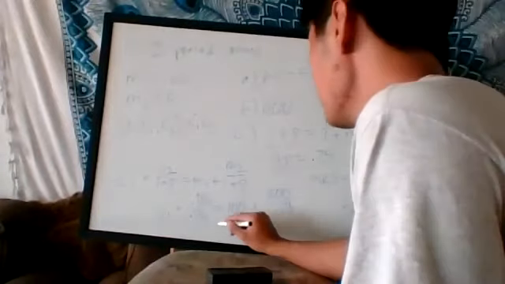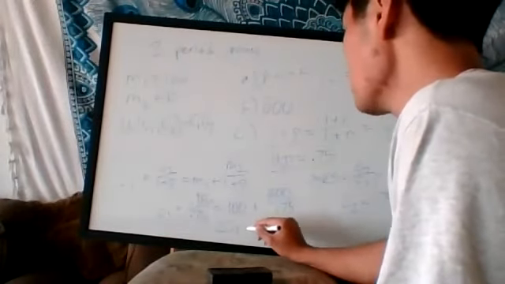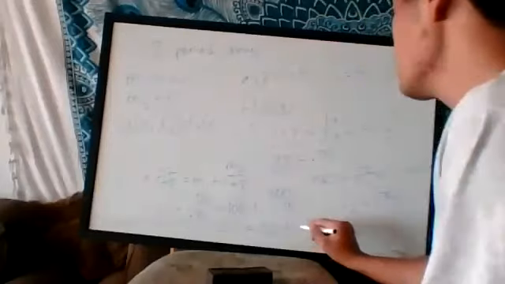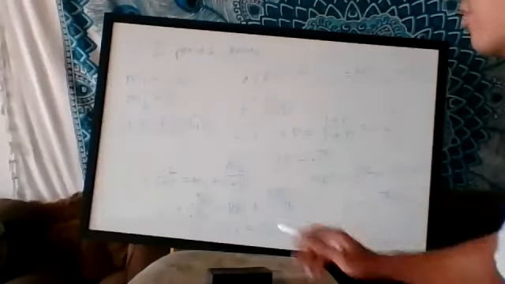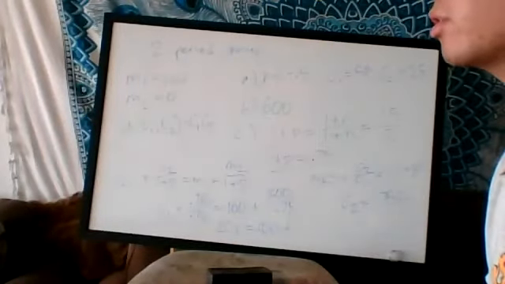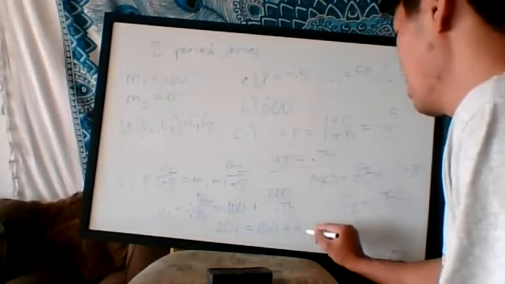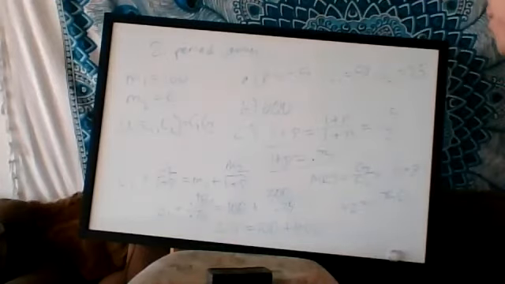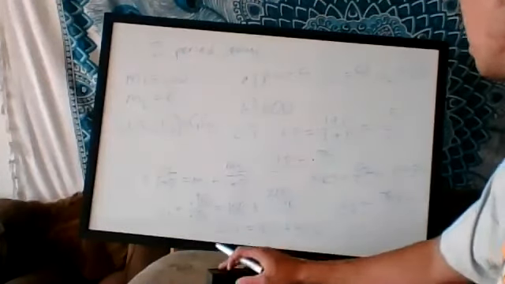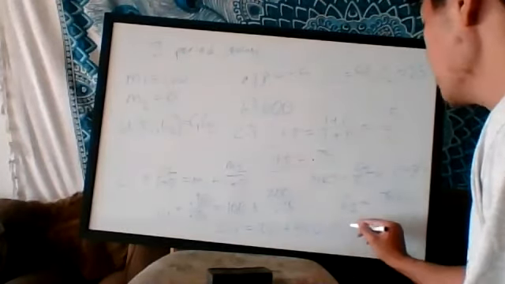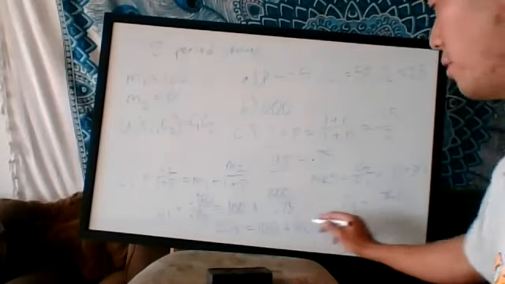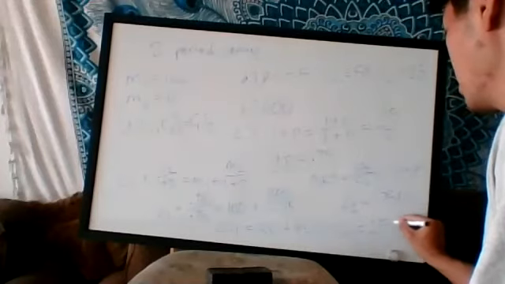And so now I have 2 C1 is equal to 100 plus, so 300 divided by 3/4, 300 times 4, is equal to 400, right? So we get that 2 C1, and I'm running out of space here, but 2 C1 is equal to 500, which means that C1 is equal to 250, right?